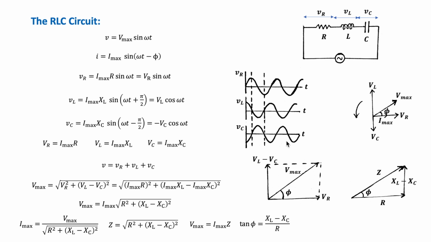So the figure here shows the voltage across each element in the circuit versus time. Because the elements are connected in series, the current I everywhere in the circuit is the same at any instant, which means that the current has the same amplitude and phase at all points for a series circuit.